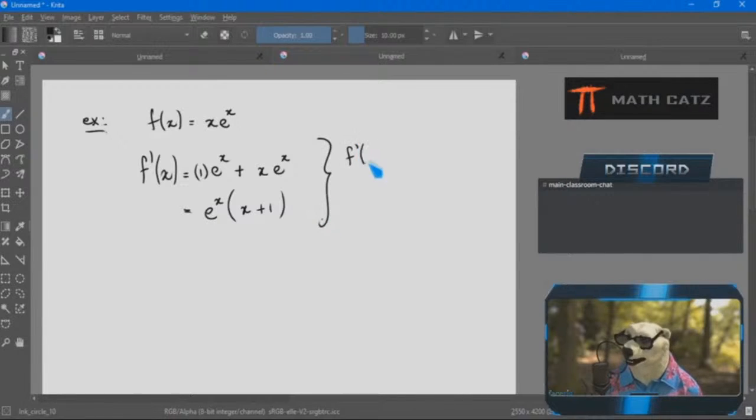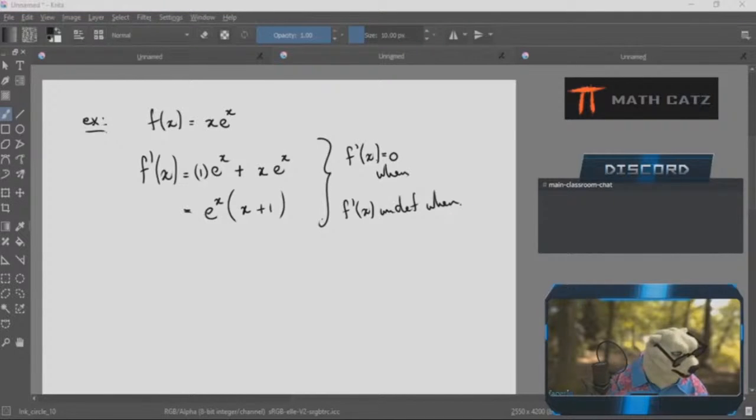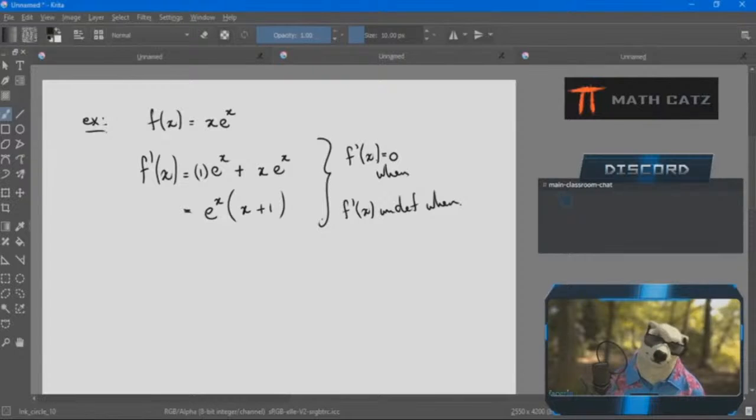Then I want to check, where is the derivative 0? Where is the derivative undefined? Always those two things, no more, no less. So now I have the luxury that I don't have a fraction to worry about.